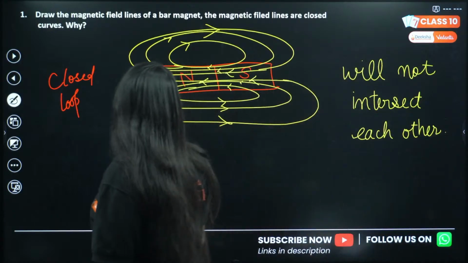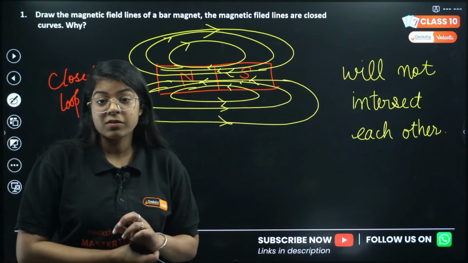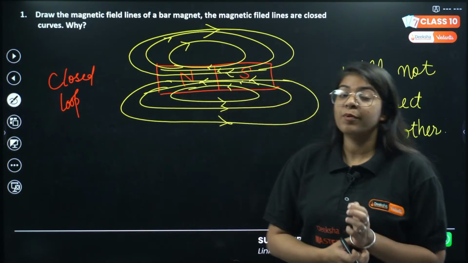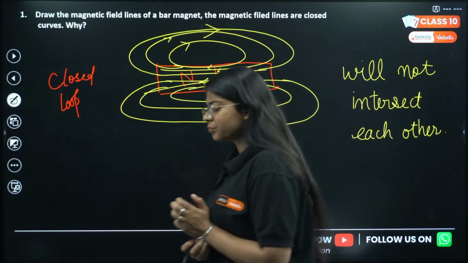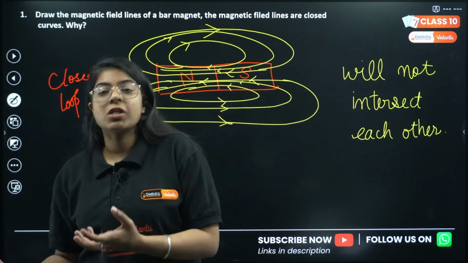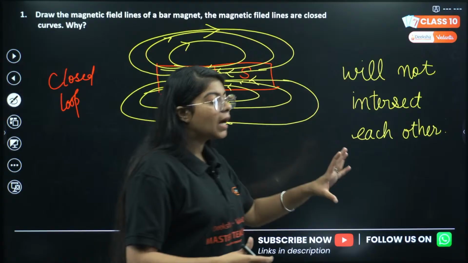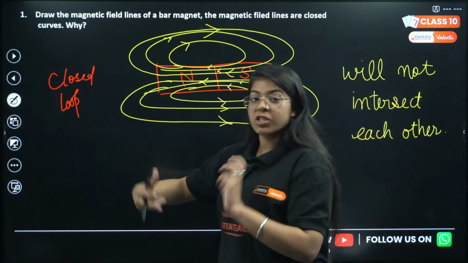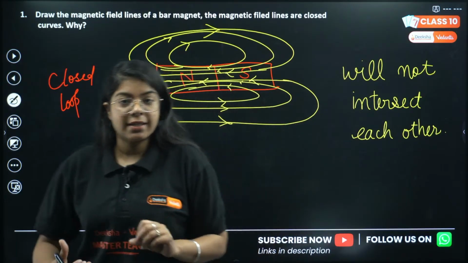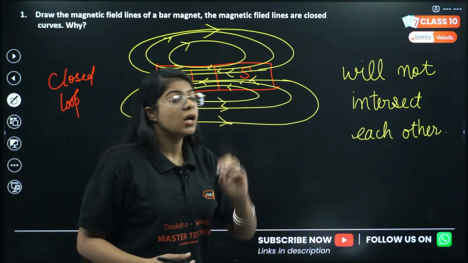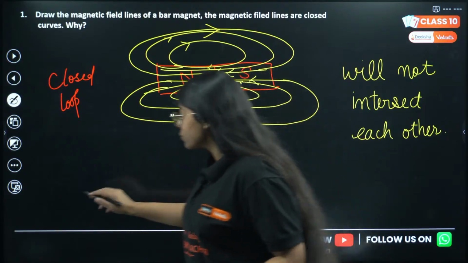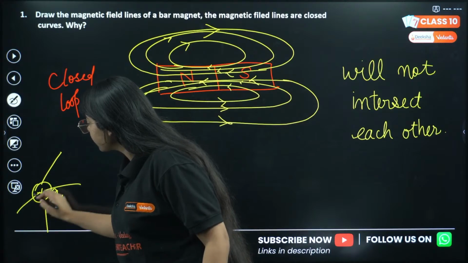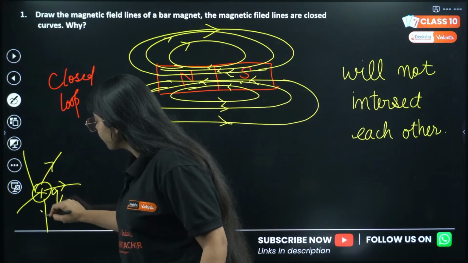Now they are asking, the magnetic field lines are closed curves, we know, but why? This is just a basic explanation: we know magnetic monopoles do not exist. A single north pole and a single south pole, just like positive charge and negative charge, do not exist. In case of charges, if I have a plus Q charge, the electric field lines will go outwards, correct?